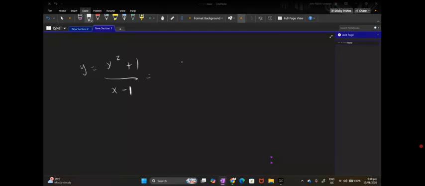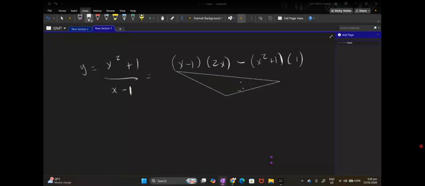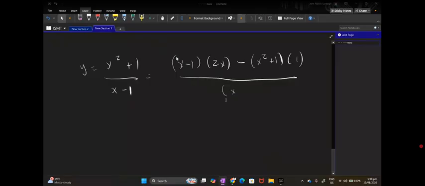So, low, derivative ng high, it's just 2x minus high natin, it's x squared plus 1. Then, derivative ng x minus 1 natin is just 1 over x minus 1 squared lang siya. So, low natin, then derivative ng taas, minus derivative ng baba, then all over squared ng baba.